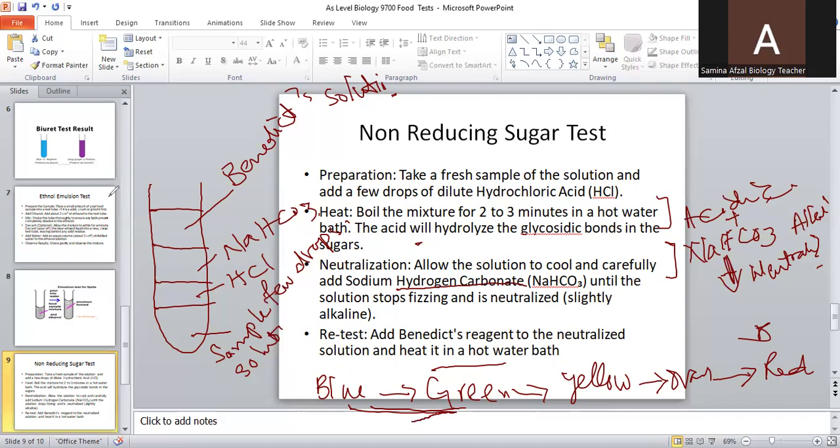Now we have changed it into the reducing sugar, and when we apply the Benedict test on it, it will give the results. That is, it can change into green, yellow, orange or brick red. If it changes from blue to green, it is a positive result that the solution has been changed into reducing sugar from non-reducing sugar.